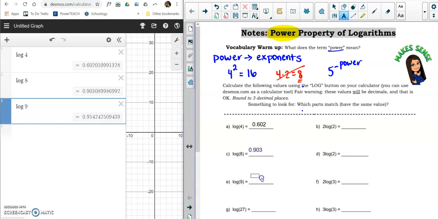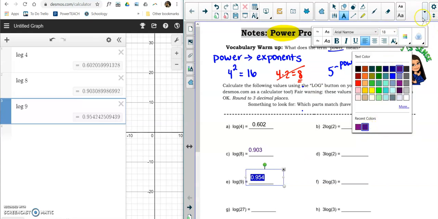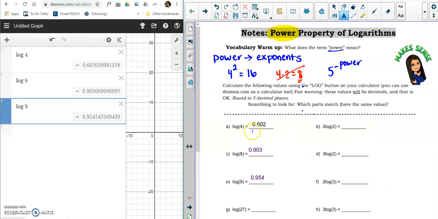And it looks like the log of 9 is 0.954. Okay, so first 3 decimal places. That's all we're going to be rounding to right now. So those are the log of 4, the log of 8, and the log of 9. Those are what they equal.